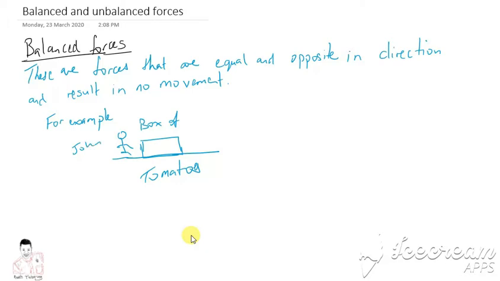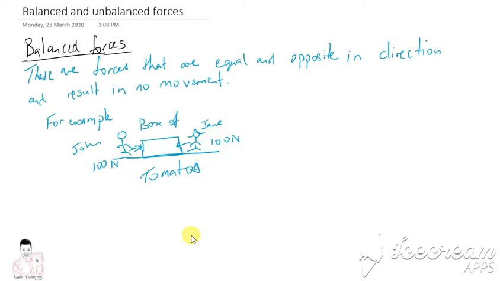John is on this side. John is applying a force of 100 newtons. So we expect that he's going to push in this direction. Good. Now Jane is on this side, and now Jane is going to apply an equal force of 100 newtons.